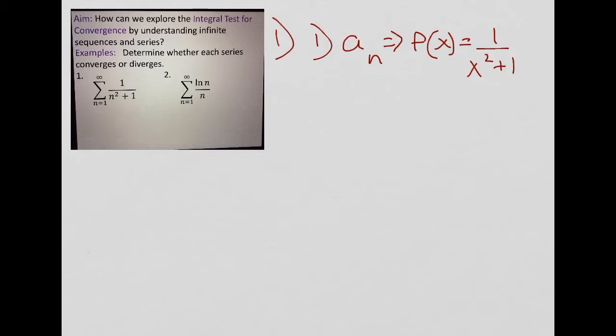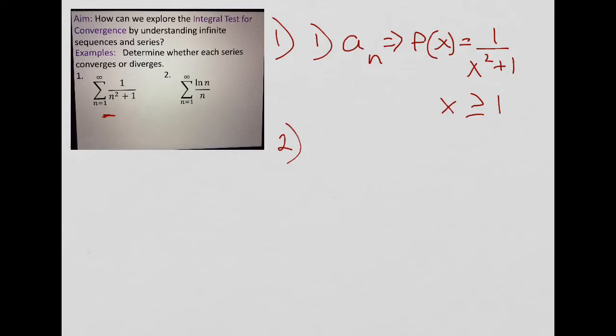So we're looking at values of x that are greater than or equal to 1. That's coming from the value over here of 1. That becomes important later on to make sure that everything checks out. Next thing we need to do, and it doesn't really matter what order you do this in, is to see if f is continuous, if it's positive, and if it's decreasing.